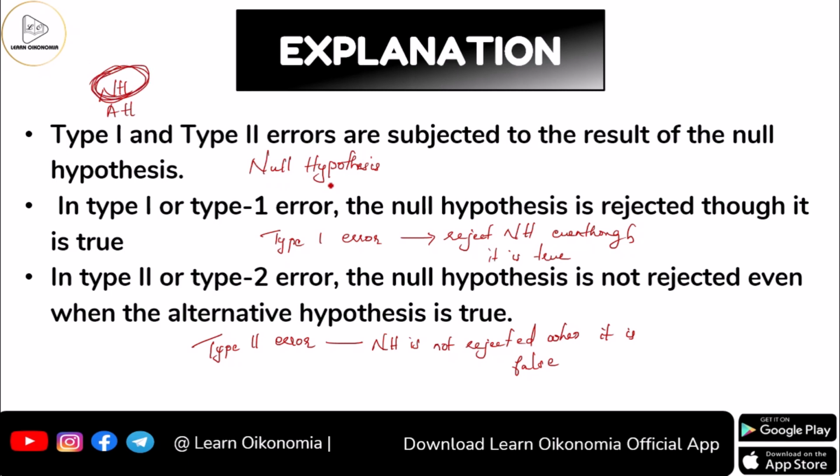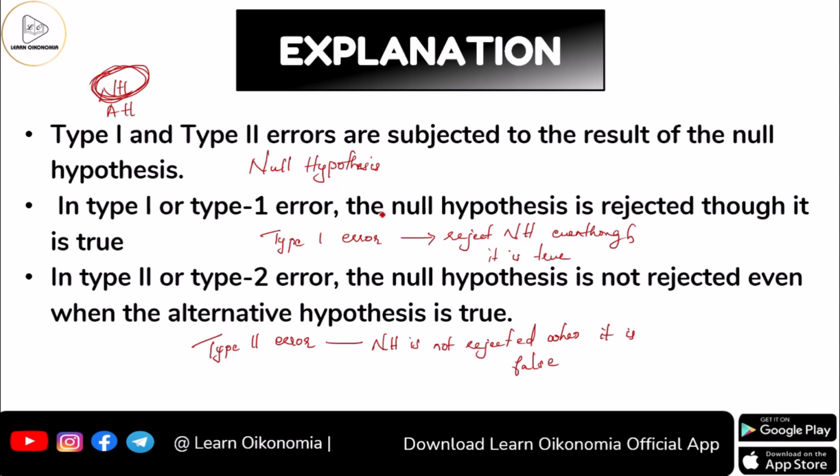So the type 1 error is something that would be occurring when the rejection of null hypothesis occurs even though the null hypothesis is true. And in the case of type 2 error, you are not rejecting the null hypothesis, even though your null hypothesis is false.